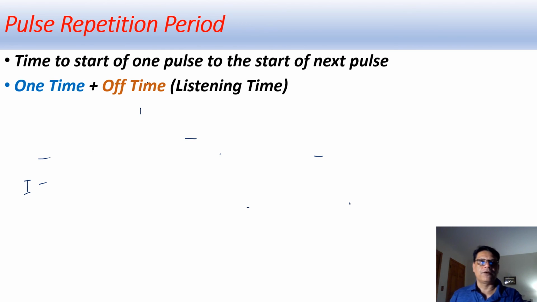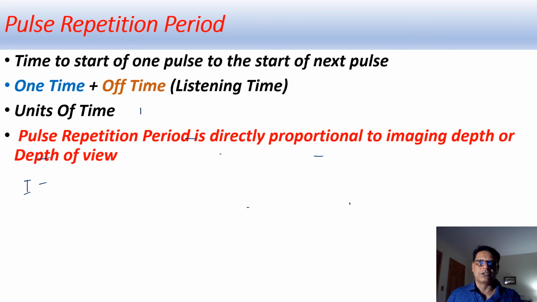On time plus off time. Off time is listening time. So when you add both of these, on time and off time, you get the pulse repetition period. And as it is time, it has the same units of time, millisecond, microsecond.